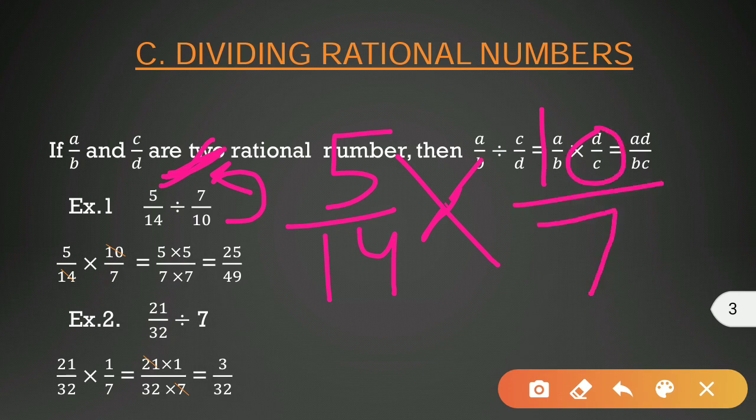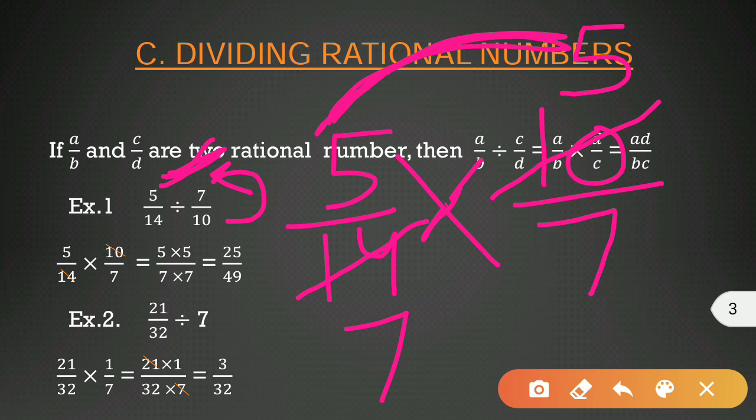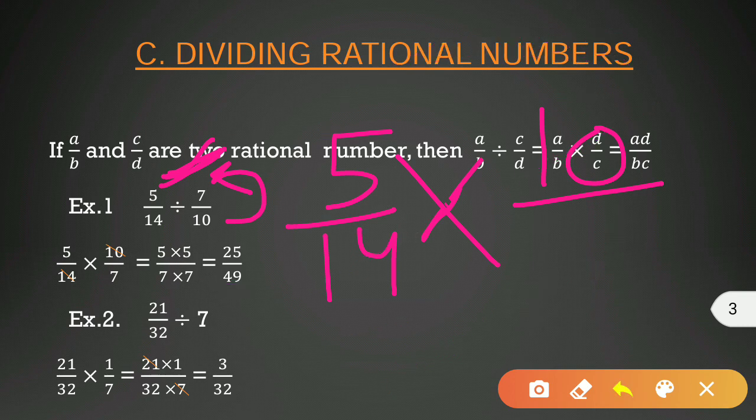Now we can cancel this by 2, which gives you 5. In the same way, if we cancel this 14 by 2, we get 7. Now, in the place of 10, the numerator is 5. So multiply the numerators, 5 into 5, which gives you 25, and 7 into 7, which gives you 49. This is your answer.